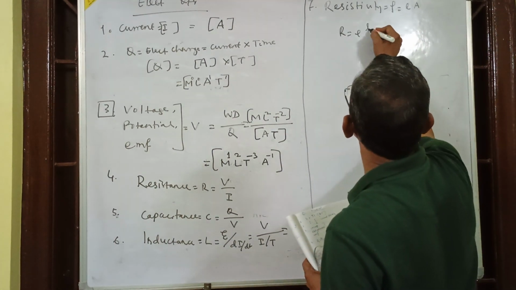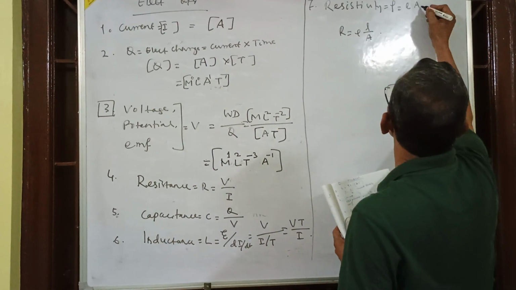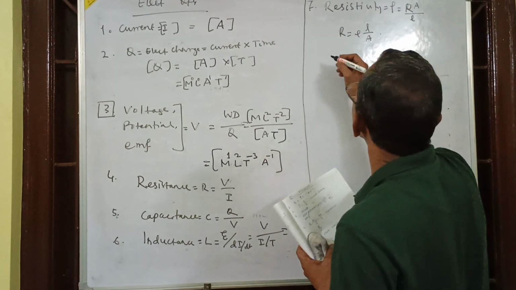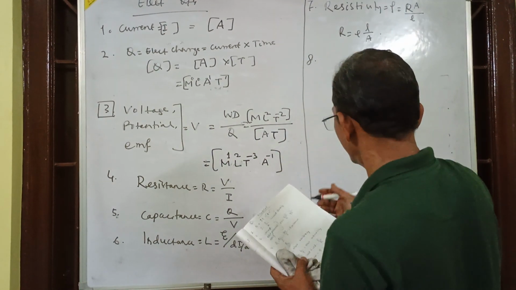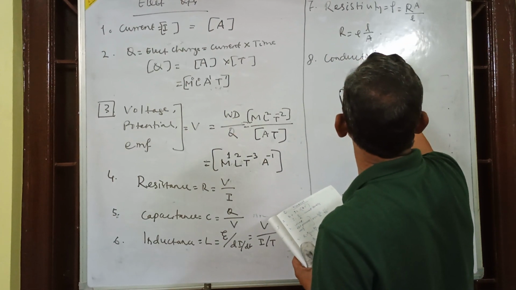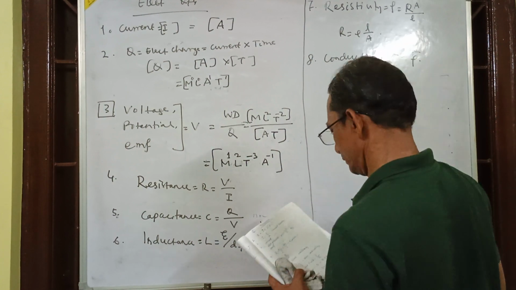Resistance is rho L by A, so rho is equal to R A by L. Conductivity is equal to 1 by rho.